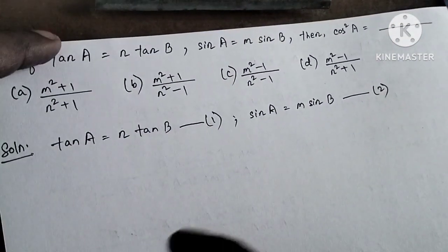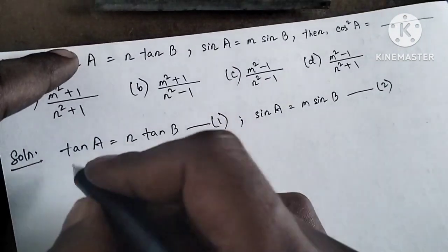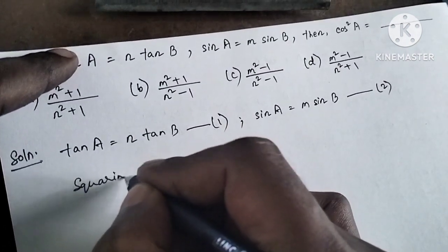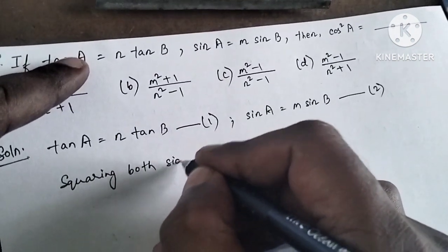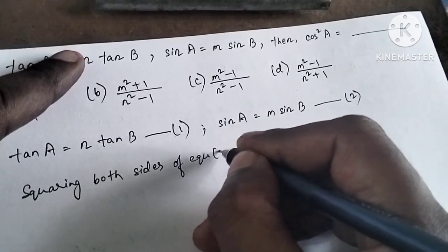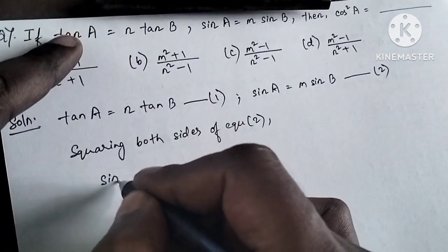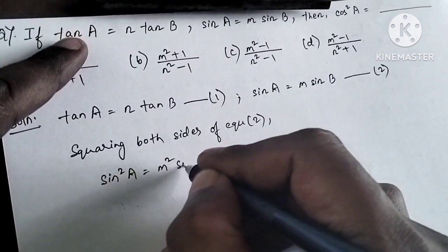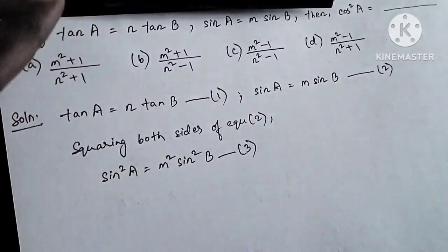Okay, now we will square both sides of equation 2. So squaring both sides of equation 2, what will be sin square A? Sin square A is equal to m square sin square B. We will name it as equation 3.